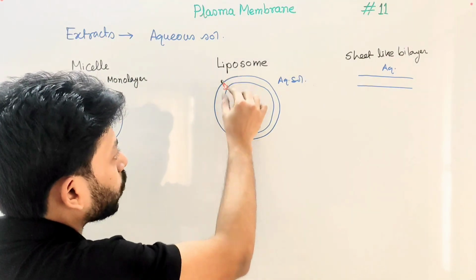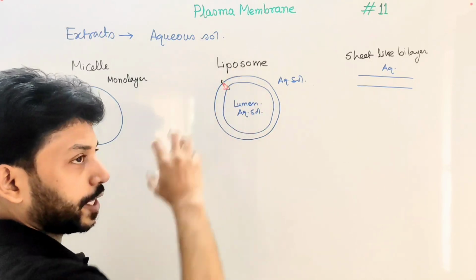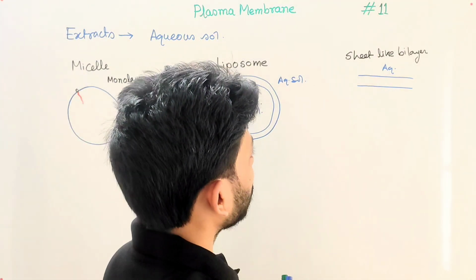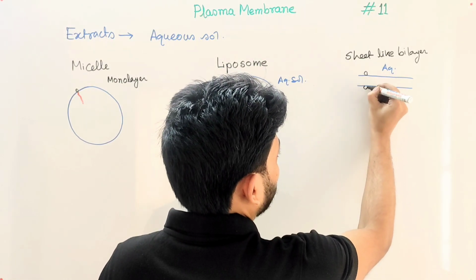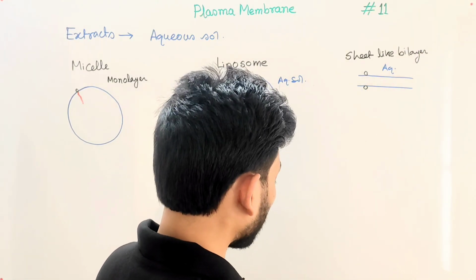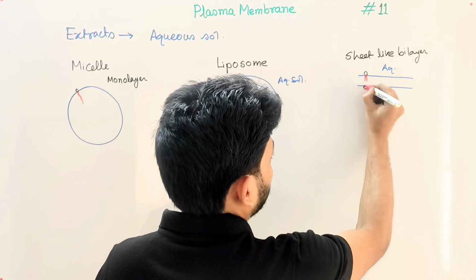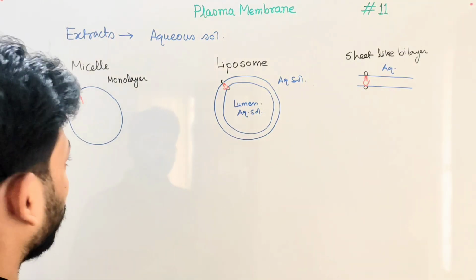Only the polar head group faces the aqueous solution. So there is an internal compartment and outside. Also, in case of sheet-like bilayers, the polar head group of the lipid molecule is outside, in contact with the aqueous solutions, and the fatty acid chains are inside. So they do not face the aqueous solutions.